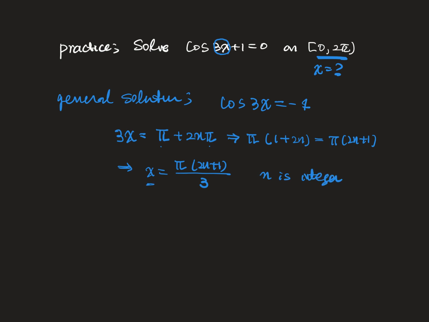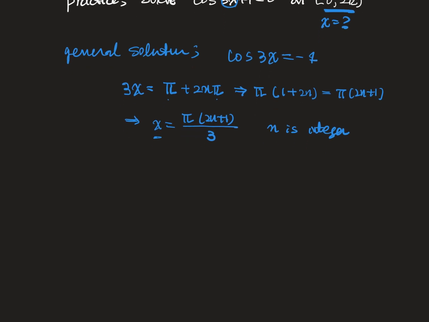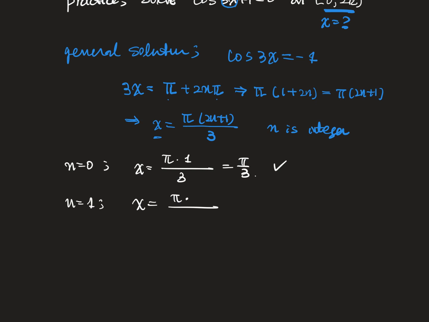X should be between 0 and 2 pi. That's what you're looking for, right? So let's start. N equals 0: x is pi times 1 over 3, pi over 3. N equals 1: x is pi times 3 over 3, the 3 cancels out, so x is pi. N equals 2: x is 5 pi over 3.